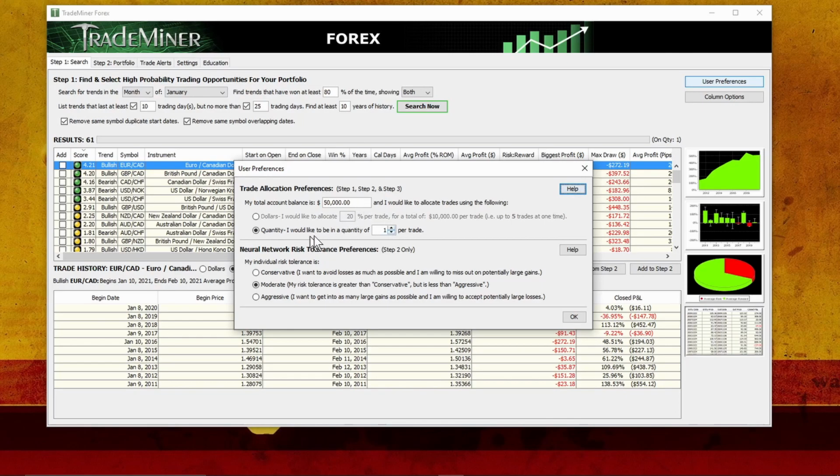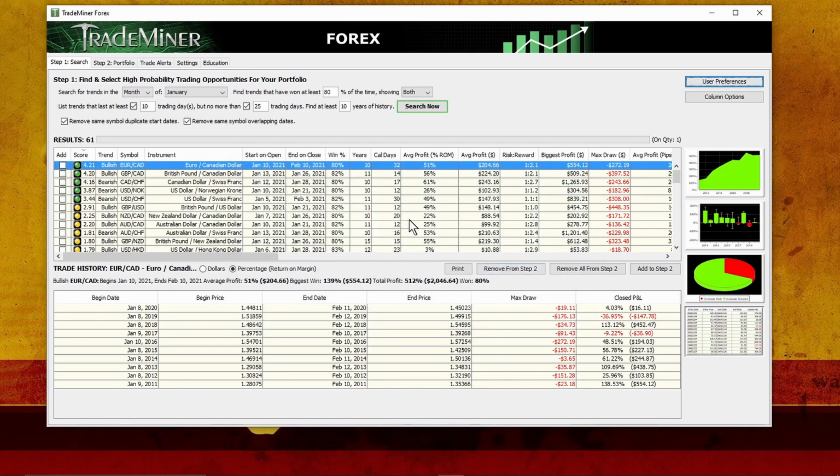So I can increase that to any size that I want. And as you can see, the neural network risk tolerance preference, this is step 2 only, is moderate. It's in between conservative and aggressive, and you can adjust that as you like to give you either safer trades or more risky trades. So I'm right in the middle.